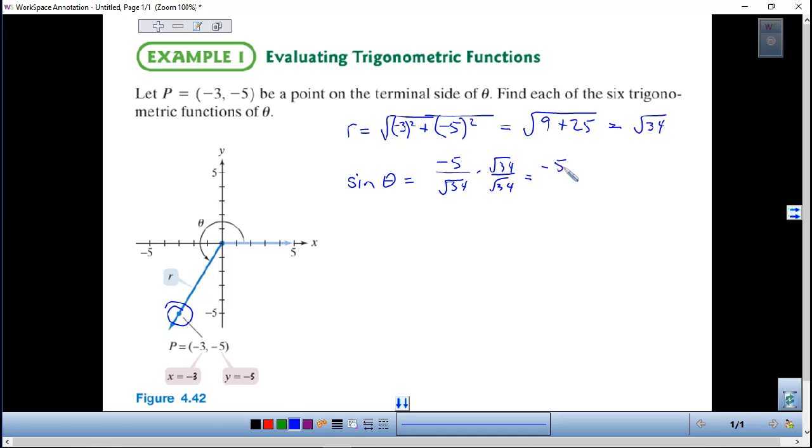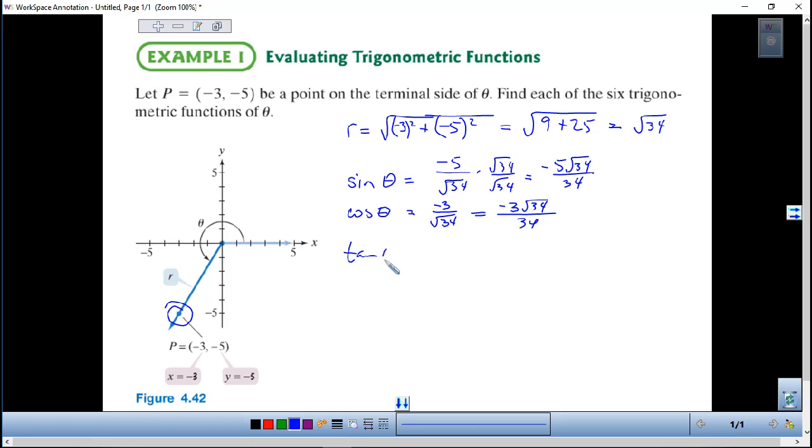So that's -5 square roots of 34 over 34. And cosine theta is going to be adjacent over the hypotenuse, and that's going to be the x, which is -3 over the square root of 34. And hopefully by now you can see what's going to happen here. So this is just going to be -3 square roots of 34 over 34.